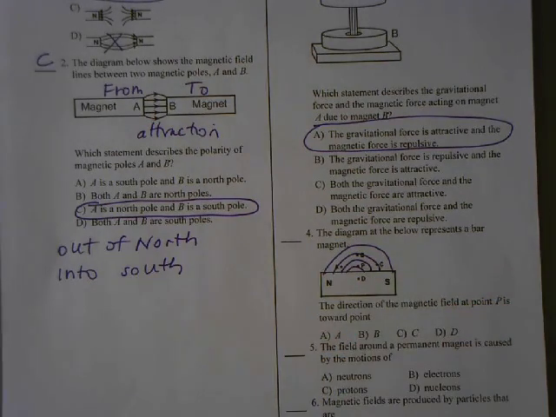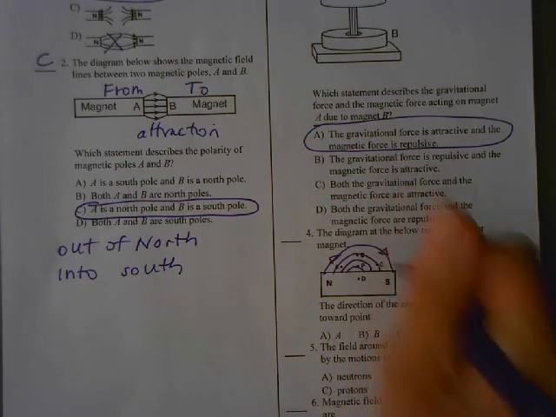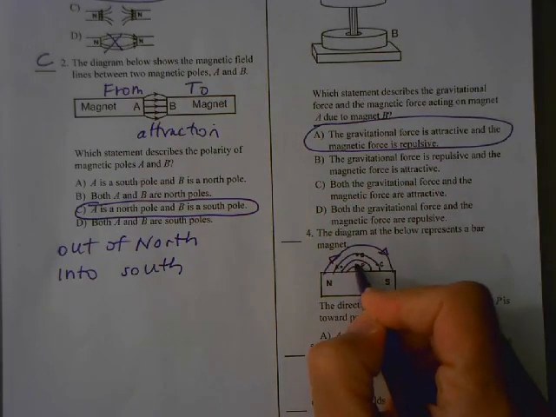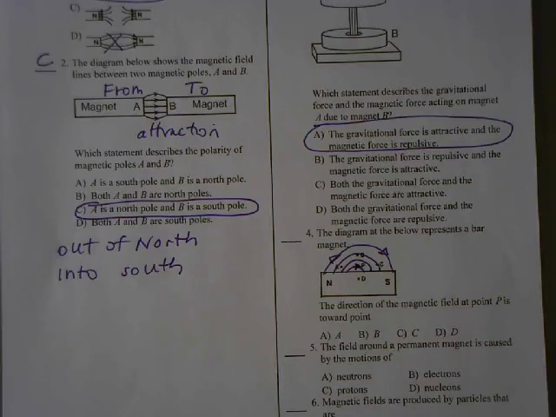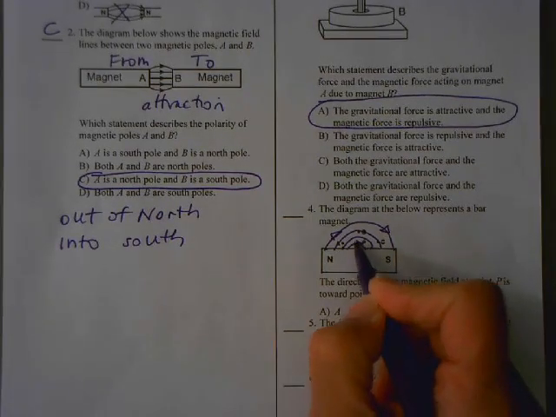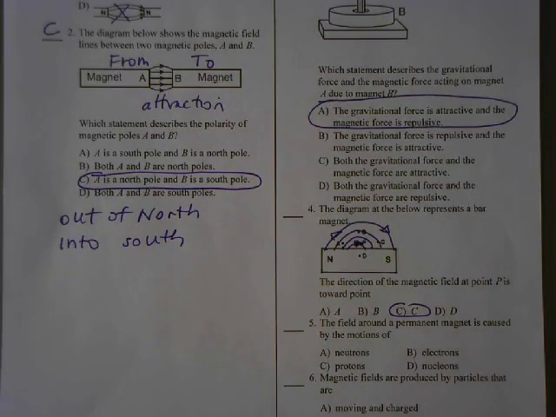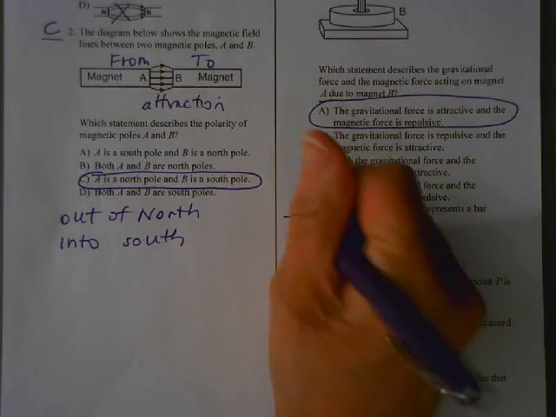So at point P, it's going out of north and into south. So at point P in the middle, it's going like this. Which direction is it pointing? It's pointing towards C. Because here it's pointing to the right in this direction. So the answer to number 4 is C.